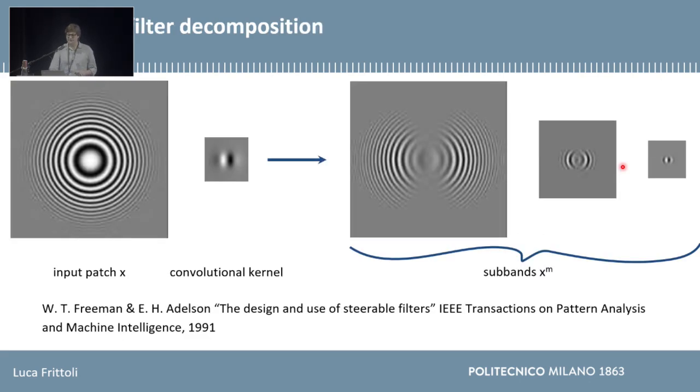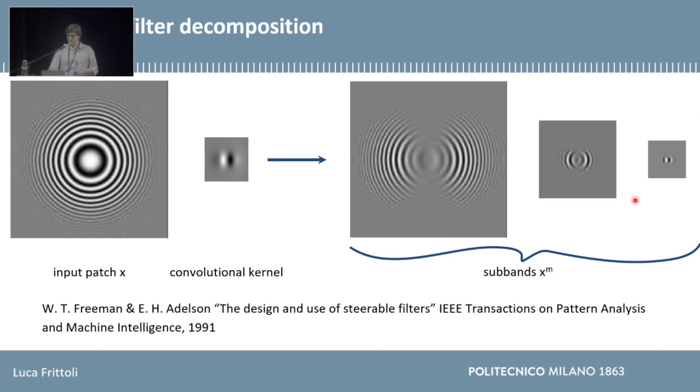This metric is based on the so-called steerable filter decomposition, which takes an input patch and applies a convolutional kernel. This is the output of the first convolutional kernel, then it performs a subsampling, applies again a convolutional kernel, and so on.